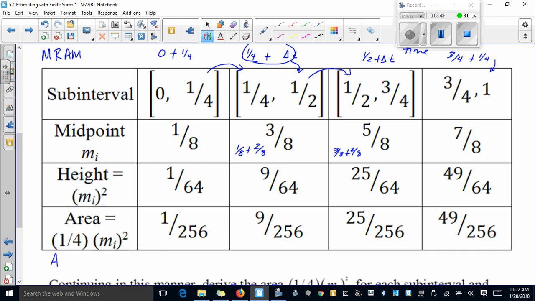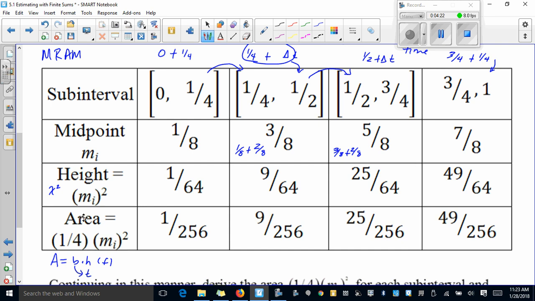So we take this and we square it: 1/64, 9/64, 25/64, 49/64. I am only doing the first 4 for you. Then to find the area of each rectangle, we multiply by the 1/4, the width of each of those itty bitty little rectangles. So you get 1/256, 9/256, because we're just taking 64 times 4. The 9's not changing. And we continue on this way.